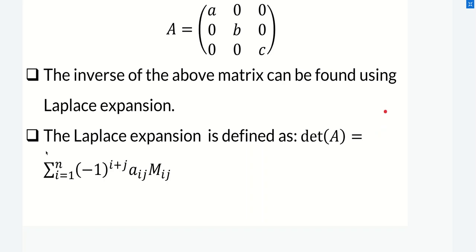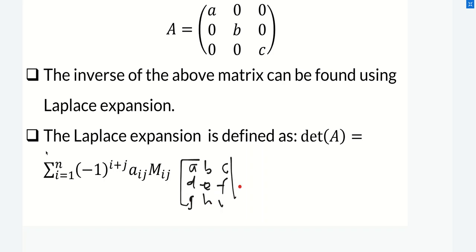So we have a matrix A, B, C, then D, E, F, then J, H, and I.